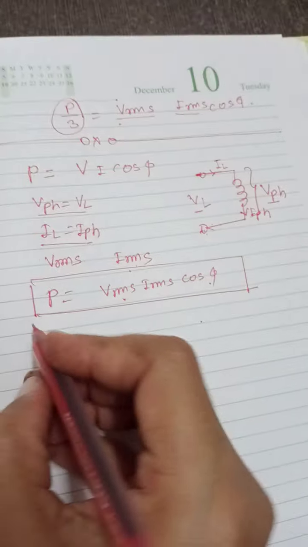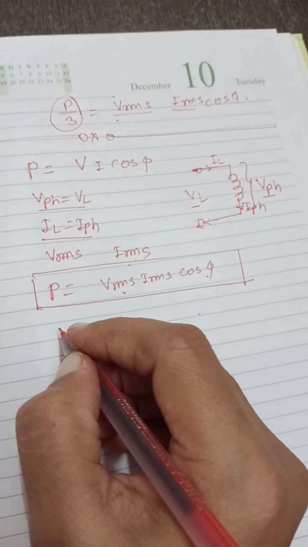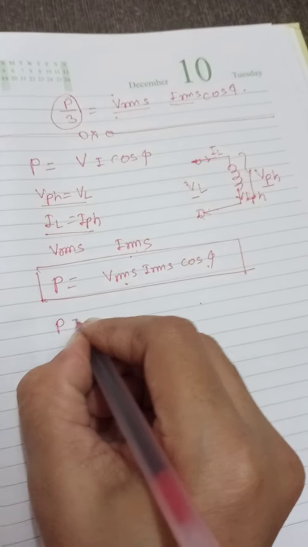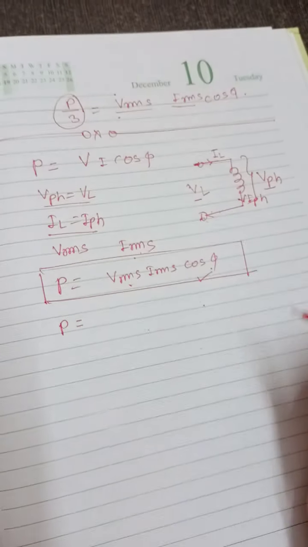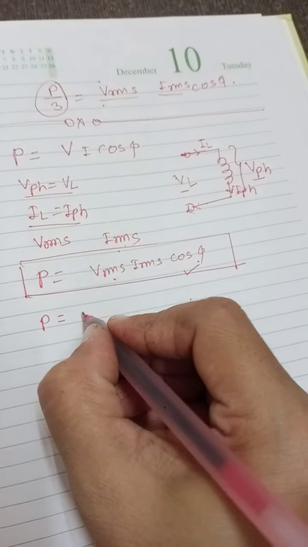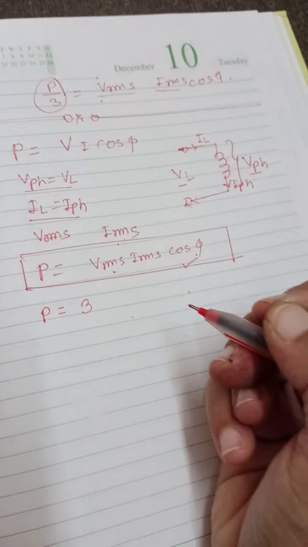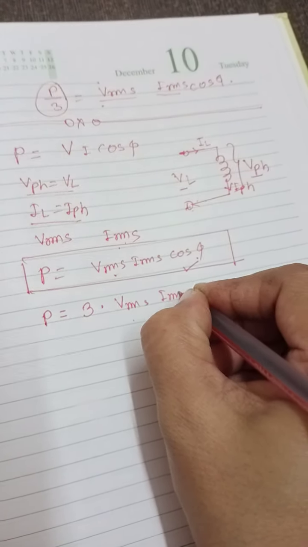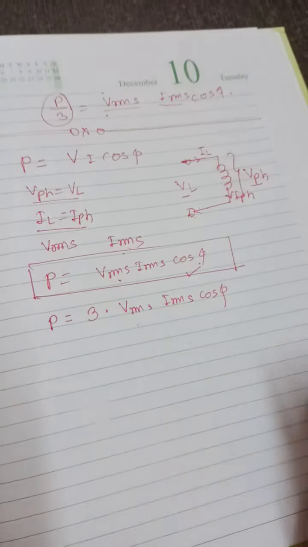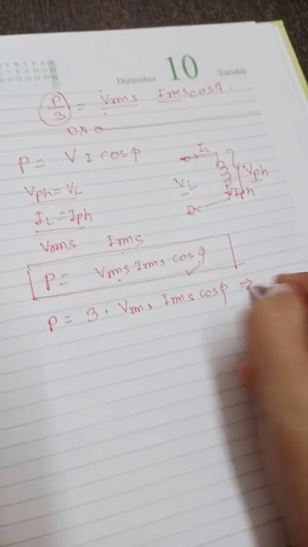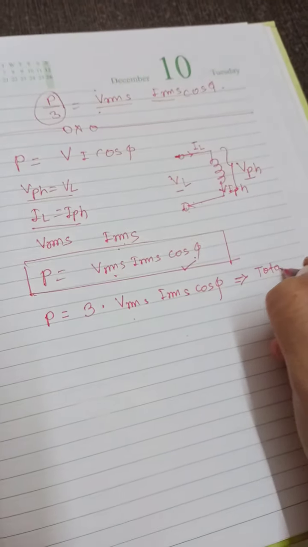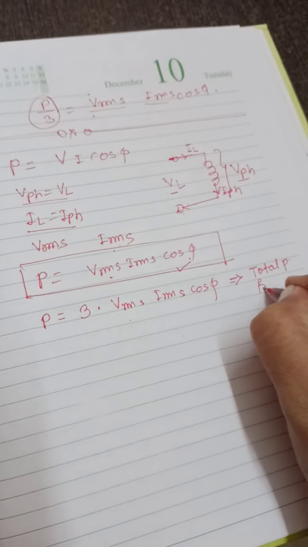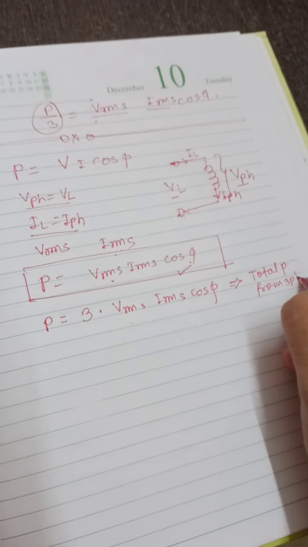Same way, when you represent the formula for the three phase system, as this is the formula for the single phase, you can write the formula for three phase only by multiplying with 3. So 3 into Vrms into Irms into cos phi. This is nothing but the total power of the three phase system.